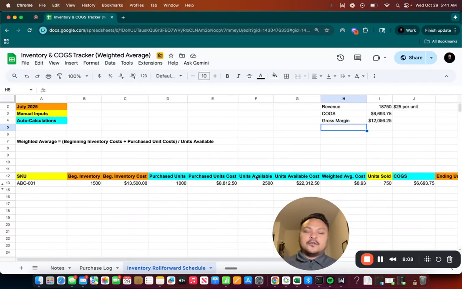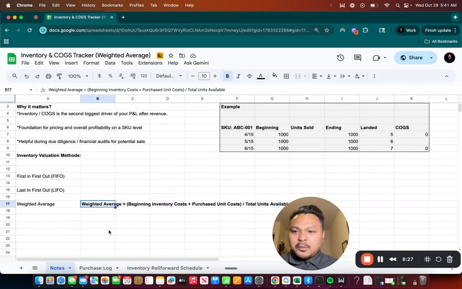So this is an easy way to track that. One, your inventory number is accurate on your balance sheet, because this is super important. And then two, your cost of goods on your P&L is accurate, right? And let me just go back to this, right?